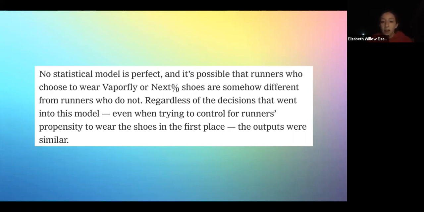And regardless of the decisions that went into this model, even when trying to control for runners' propensity to wear the shoes in the first place, so they did try, they have a bunch of different analyses, in some of them they tried to control for why runners might pick up these shoes in the first place, the outputs were similar. So if you go onto that article, you'll see a lot of different evidence that they've collected that shows that this shoe makes runners faster.